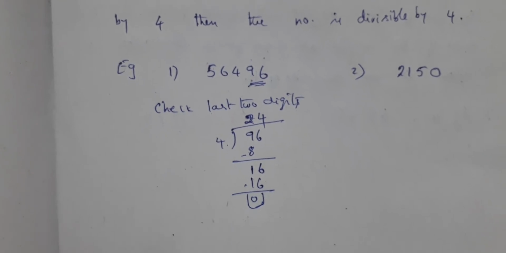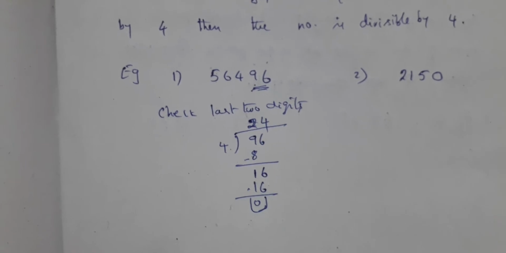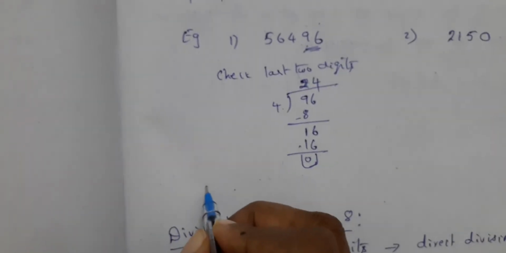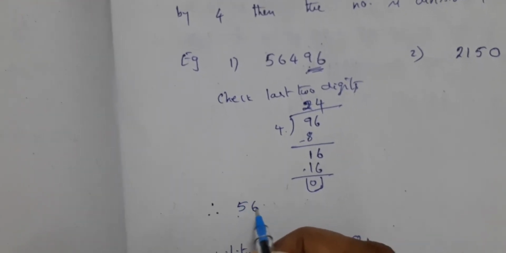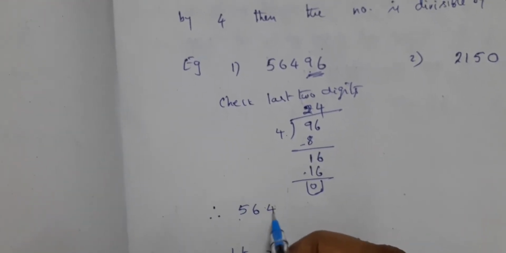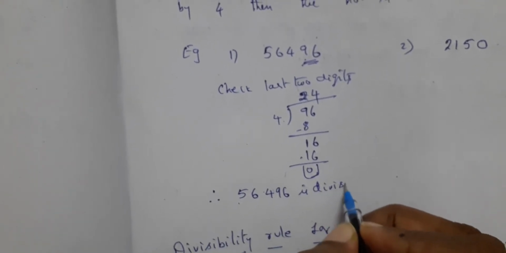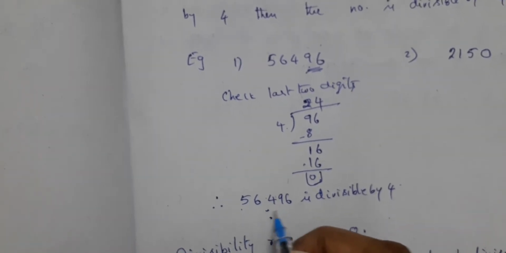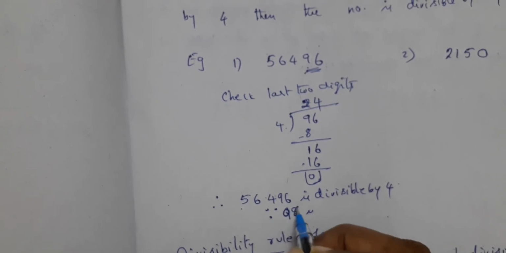So when we are checking with the last 2 digits, if it is divisible by 4, then the complete number is divisible by 4. So therefore, what do we write as the conclusion? Therefore, 56,496 is divisible by 4, since 96 is divisible by 4.